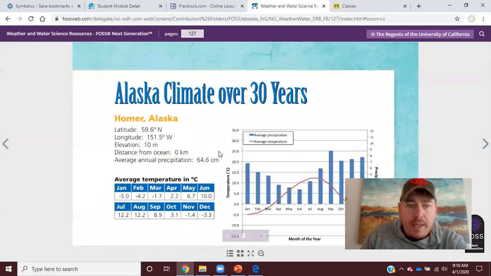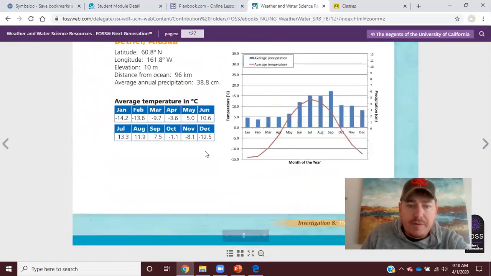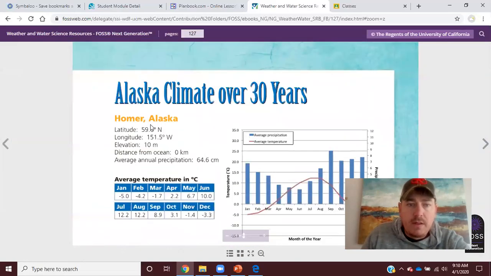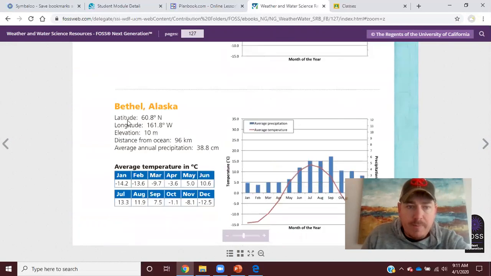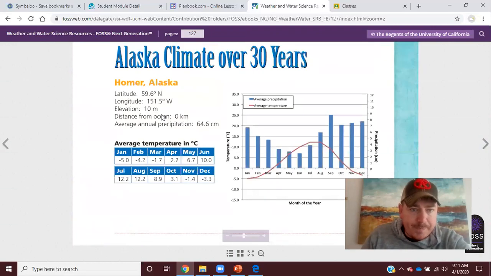All right, so each of these pages from here on out have your climate over 30 years. So they have Alaska climate over 30 years. You have Homer, Alaska, which gives some information about it, and we have Bethel, Alaska. Homer is right on the ocean.